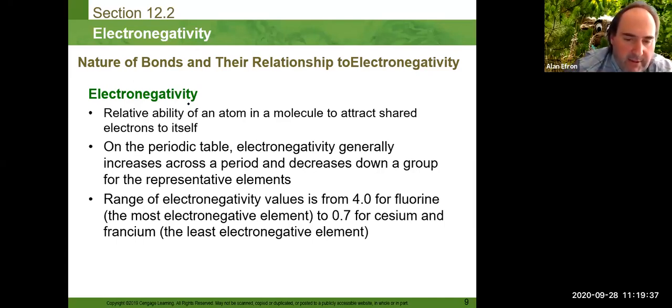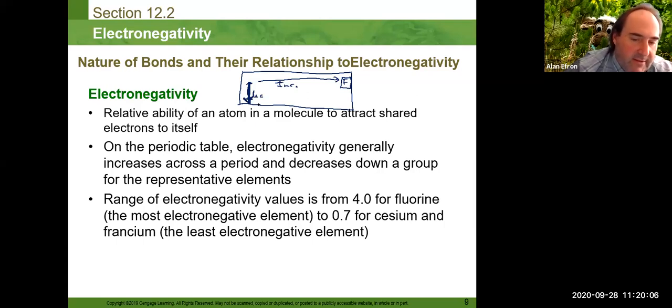When we look at the periodic table, the general trend in electronegativity is that as we go up and to the right, it increases, with fluorine being the most electronegative atom you could have. As you go down and to the left, it decreases.